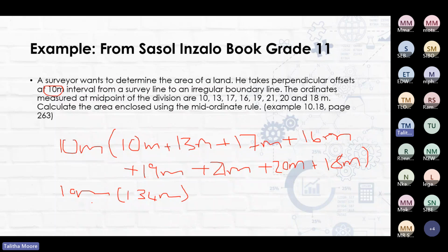So we have 10 times 134, which gives us 1,340 meters squared. So that's how we use the mid-ordinate rule to find the area of irregular shapes.